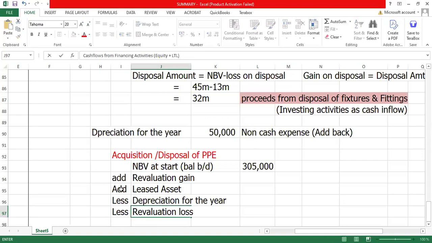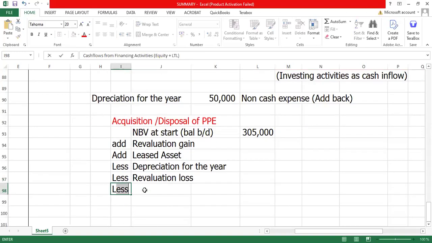Then erase the asset that was sold, the asset disposed of during the year. And here you put its net book value.